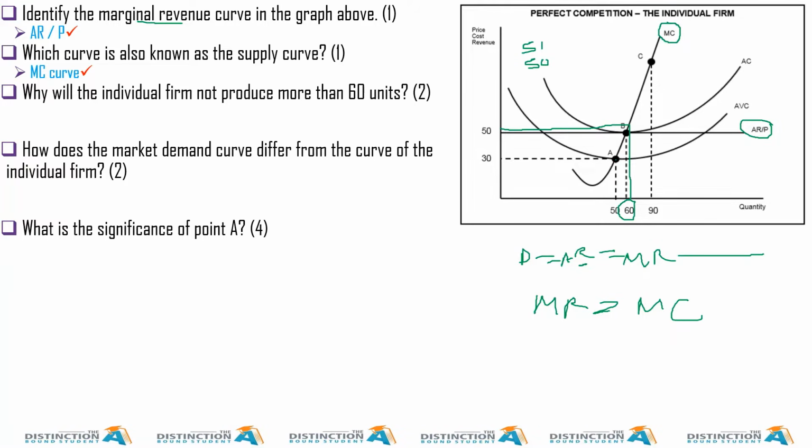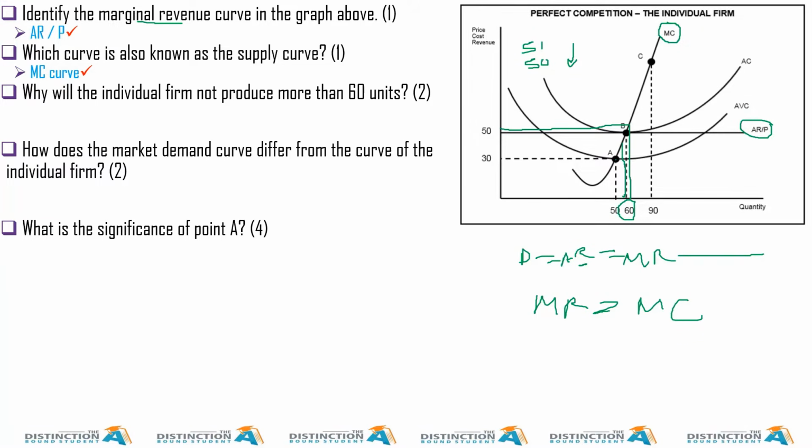So your profit is going to decline by 1 rand. If you sell unit number 59, yes, that one is worth making, but now the 60th is the best.